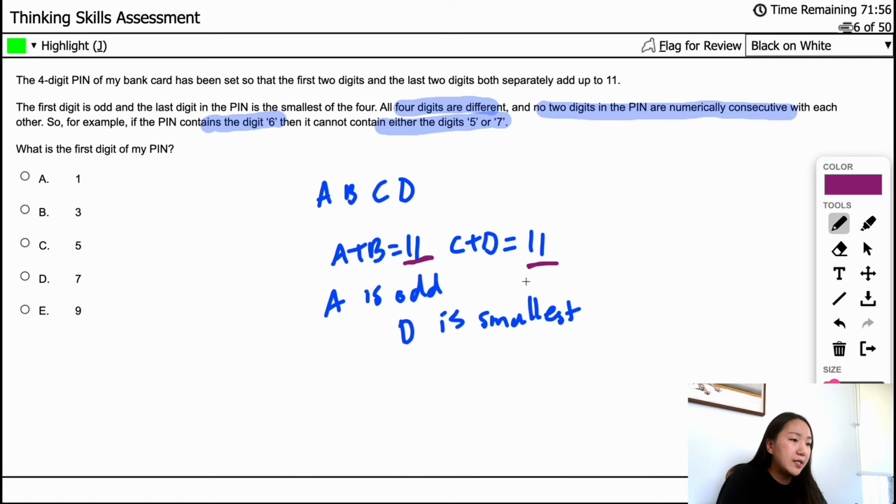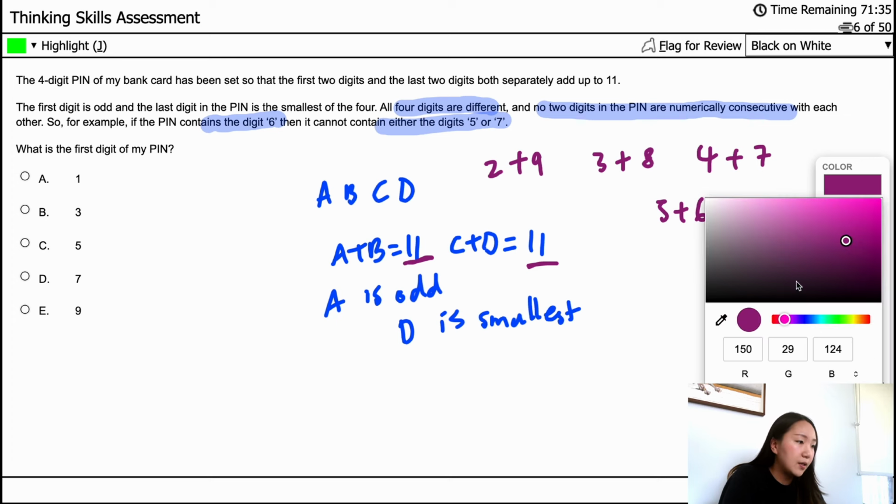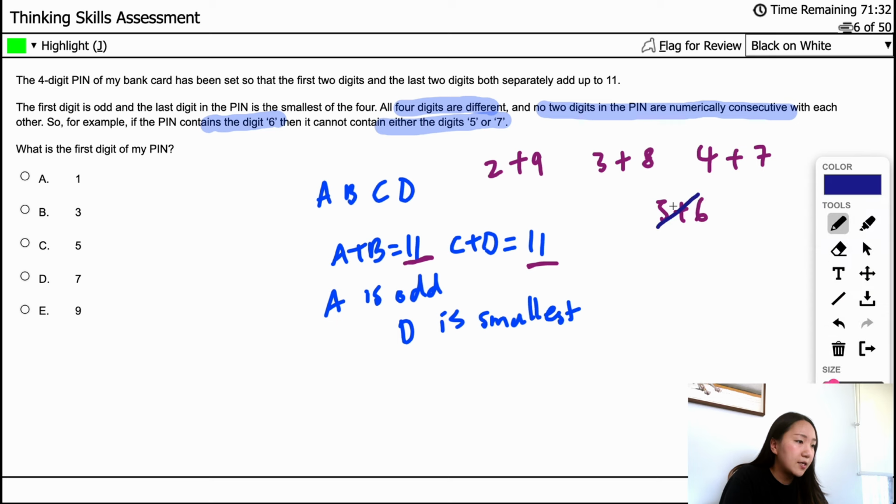So you need to have numbers totaling to 11. So that's going to be either 2 and 9, 3 and 8, 4 and 7, 5 and 6. So you've got 4 different combinations. Immediately we can get rid of this 5 and 6 here because they are consecutive, so they can't exist together.